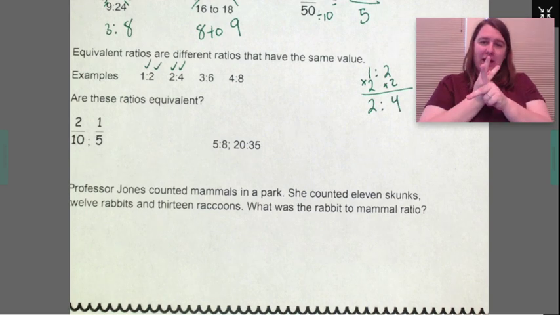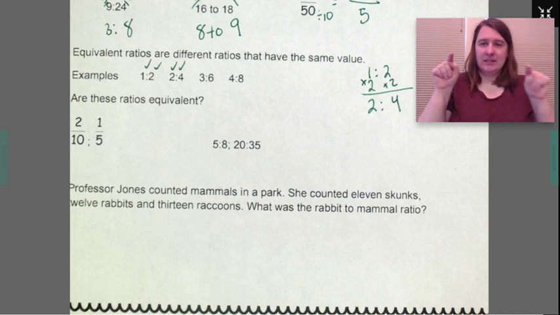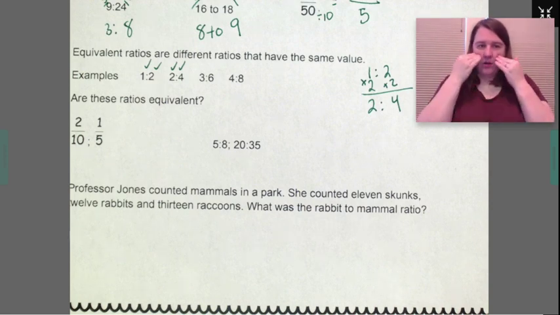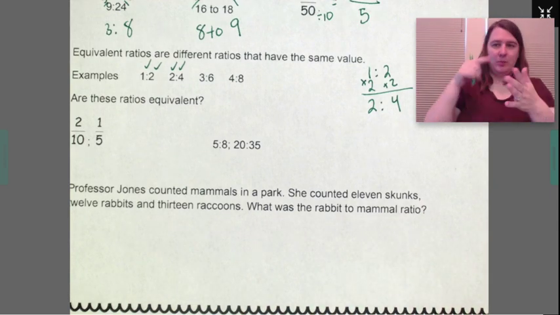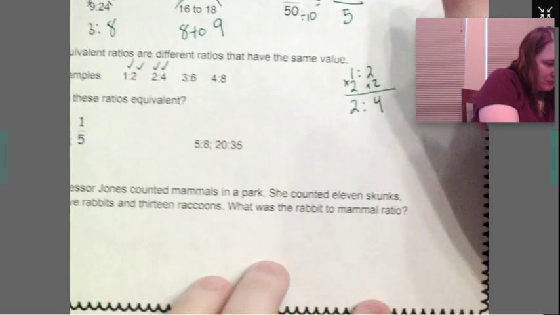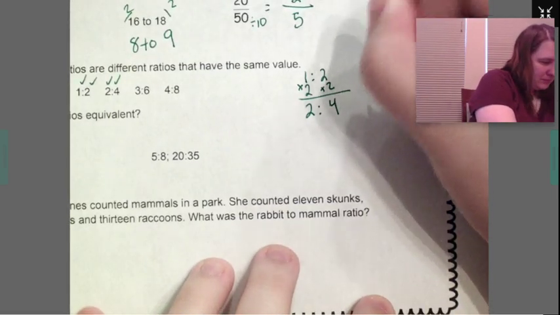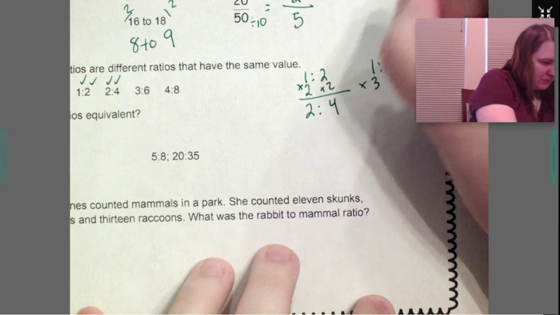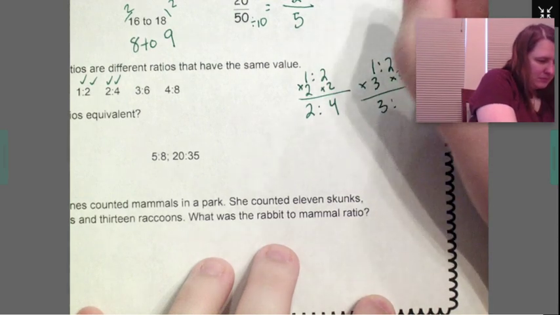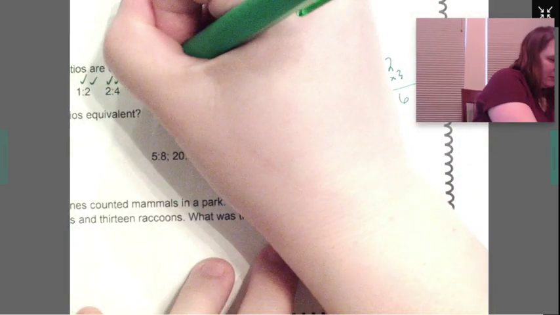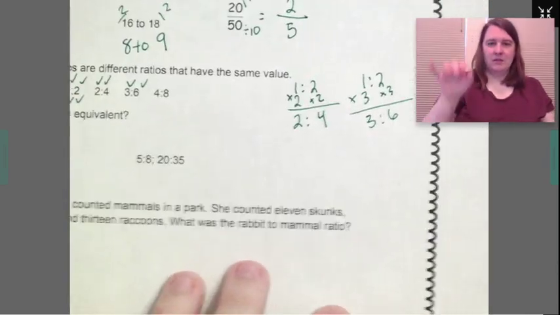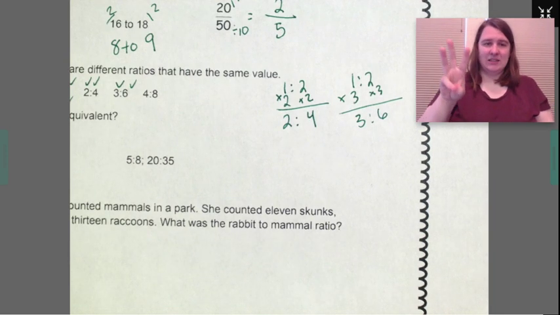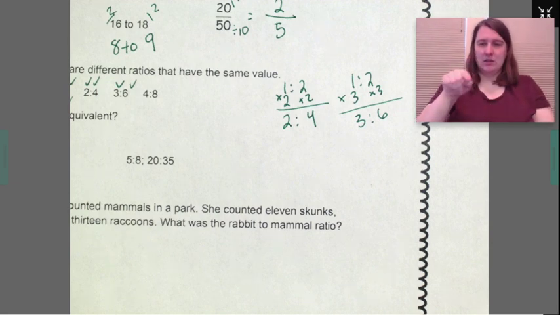If I can multiply on both sides of my colon and get the same thing, then I know they're the same. I'll prove it to you again. It's the same again, 3 to 6. All right, last one.